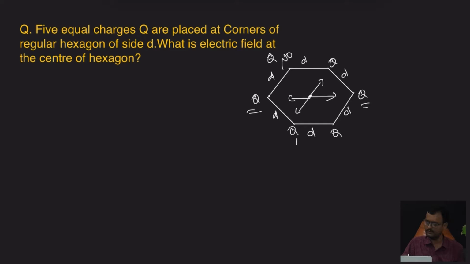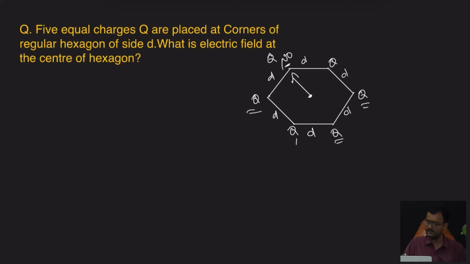So their magnitudes are equal, and these vectors are in opposite directions. So the electric field strength is 0, and this is also 0. See here, only one charge is left. There is no opposite charge at the other end of this one. So this q repels along this direction.